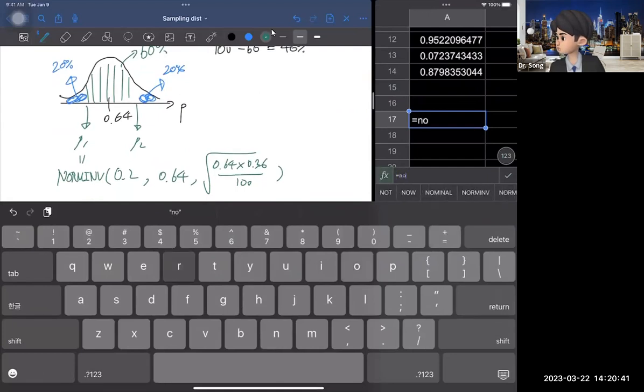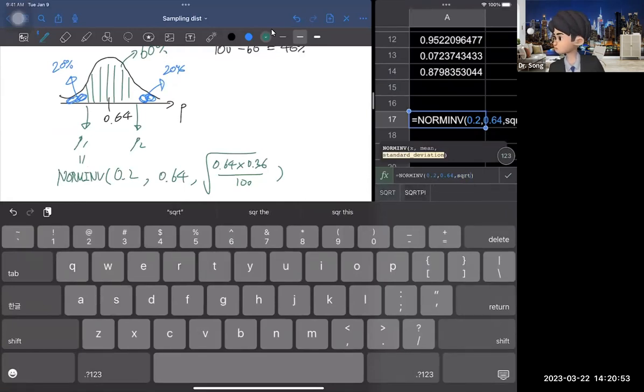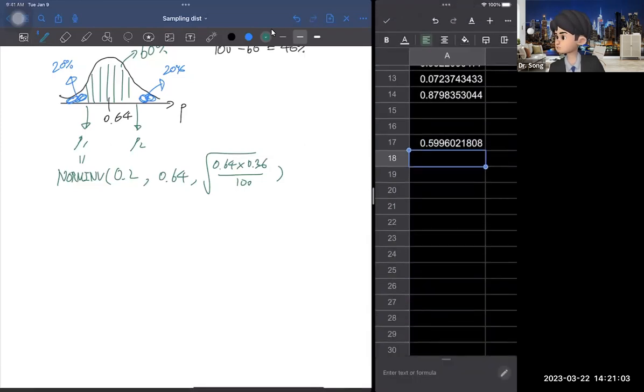NORM.INV, 0.2, 20%, and mean is 0.64, and then the standard deviation is square root of 0.64 times 0.36 over 100. Then I got 0.5996. So this is 0.5996.